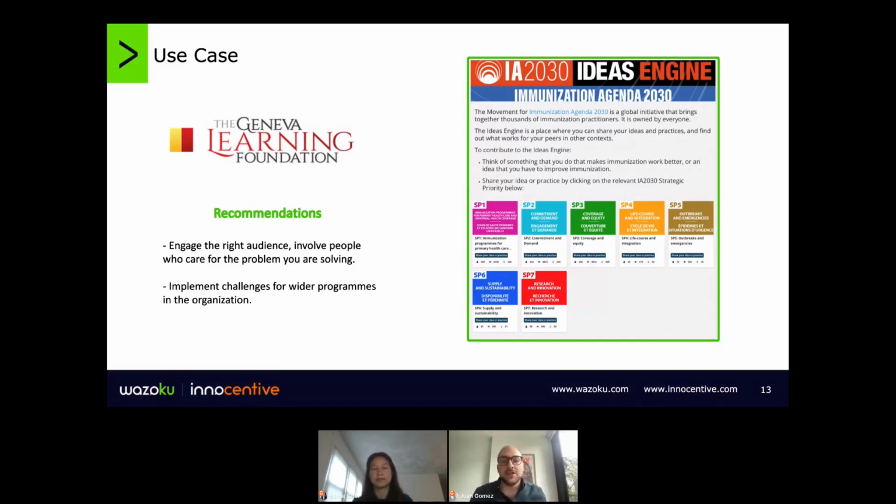And another recommendation is to implement challenges for wider programs in the organization. For example, the Geneva Learning Foundation wants to gather initiatives and great ideas and practices around immunization. And then what they're doing with their audience is that they're asking them to create new strategies, new actions that they would like to implement in their countries, taking into account others' ideas that have been submitted into the platform.